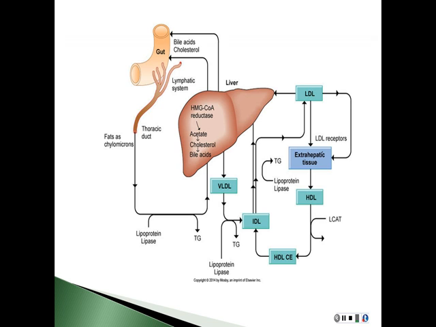If too much cholesterol is present in the liver, then the number of receptor sites is decreased, so LDL accumulates in the blood. One of the major functions of the liver is to make cholesterol, and this process requires HMG coenzyme A reductase. So if the enzyme is inhibited, cholesterol production by the liver will be decreased.